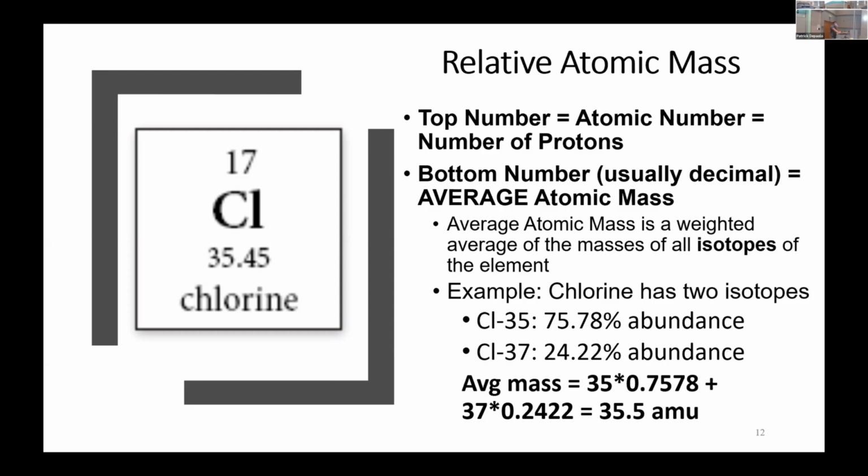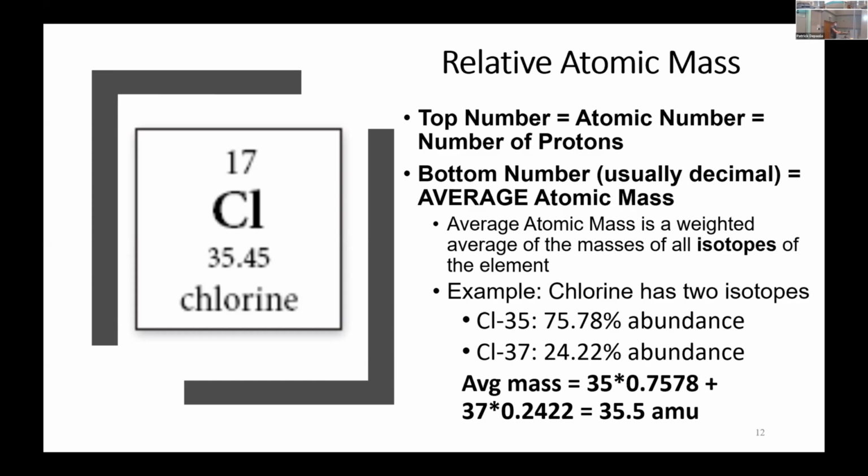These different versions of the same element occur at different ratios in nature. And really it varies based on the stability, based on what is more naturally selected, I guess, in chemistry.